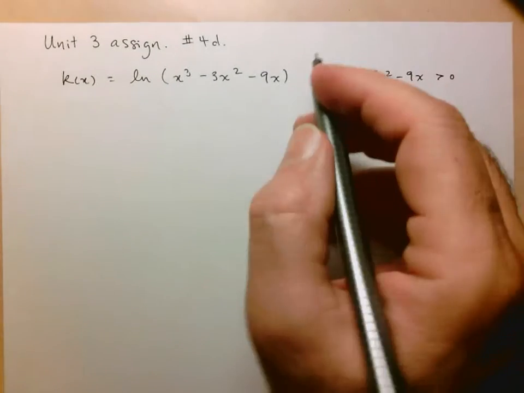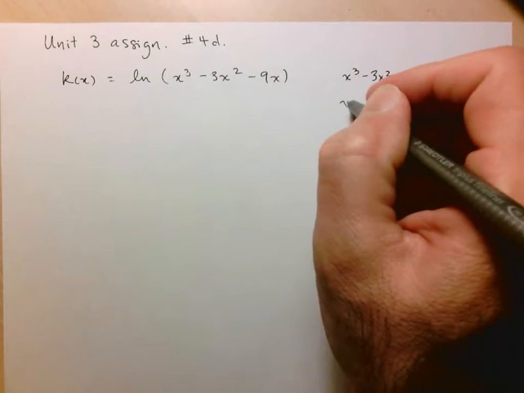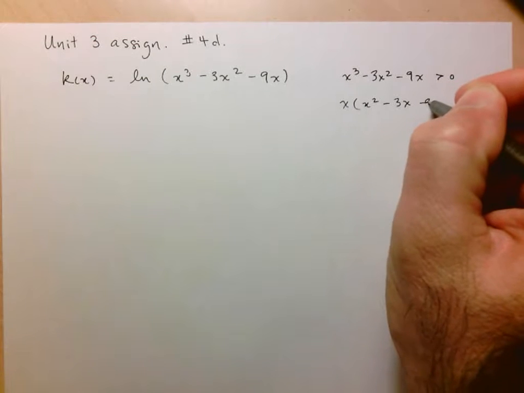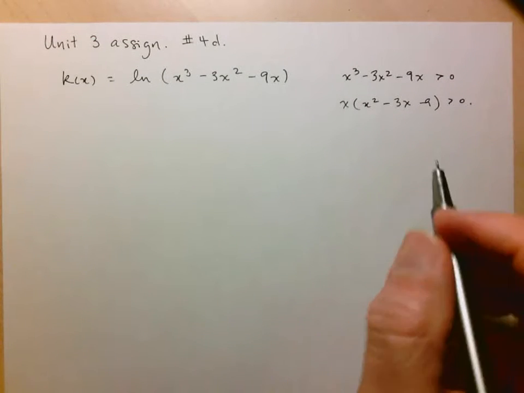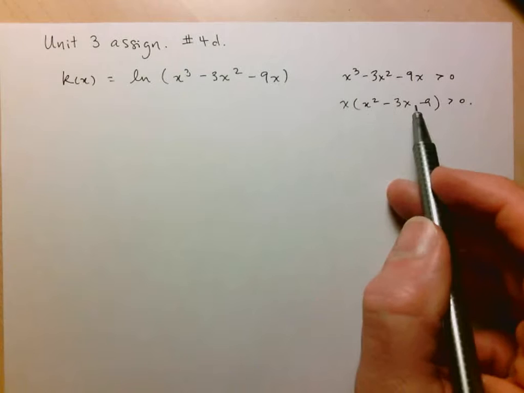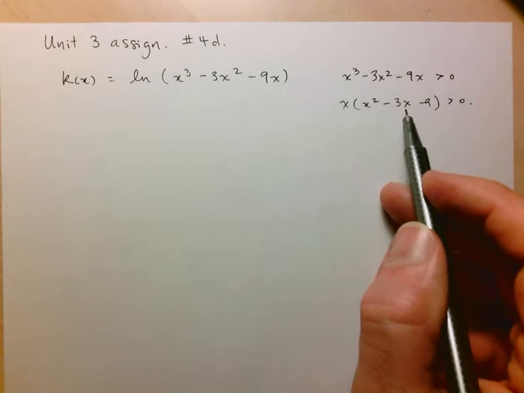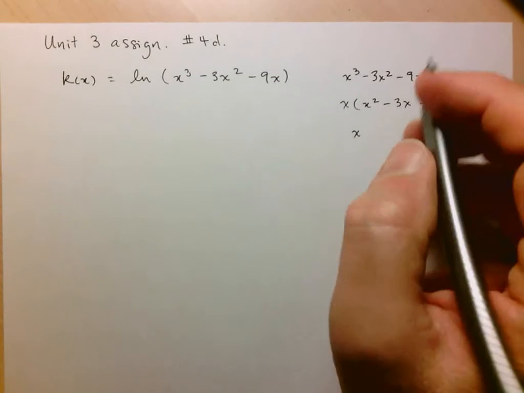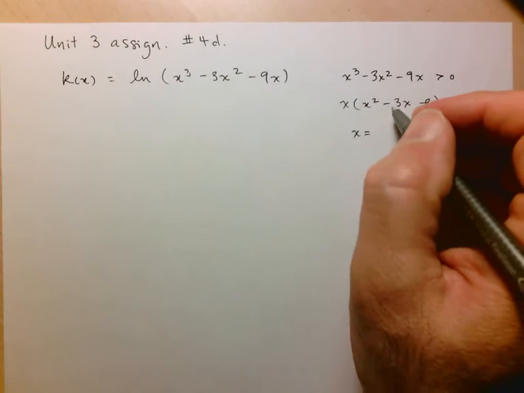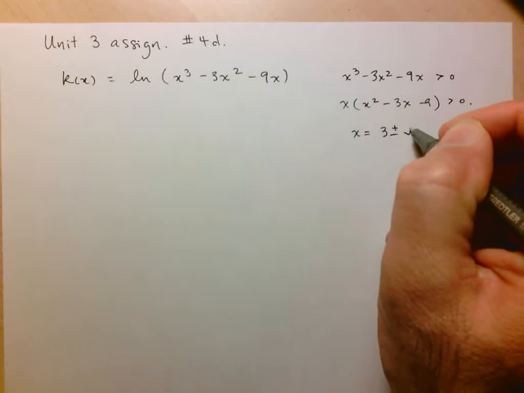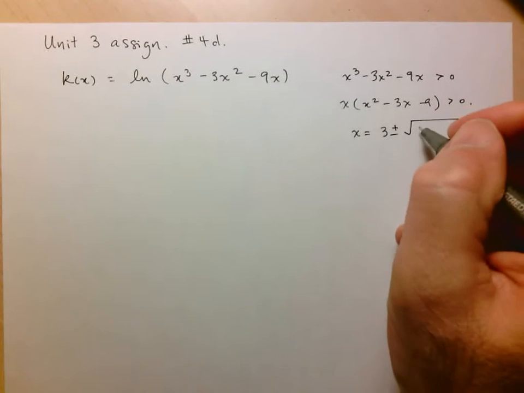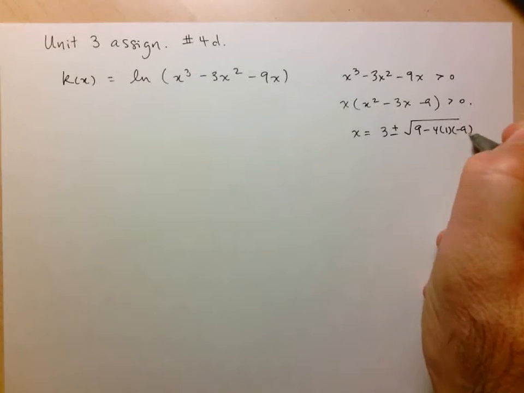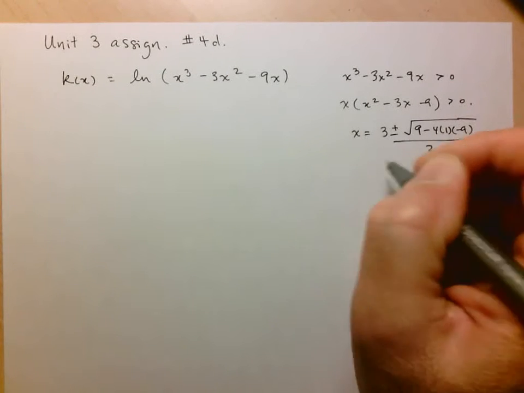Okay, so let's try to factor this here. We can easily factor out an x, and we're left with x squared minus 3x minus 9. Unfortunately, when we try to factor this, it doesn't look like it factors nicely, so we will have to use the quadratic formula here to find the zeros. So x is equal to negative b, so 3, plus or minus the square root of b squared, so 9, minus 4 times 1 times negative 9, all over 2.